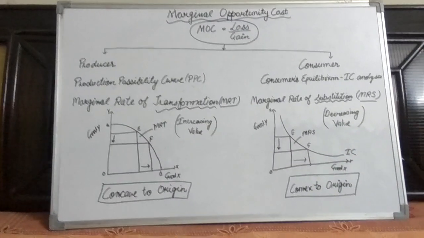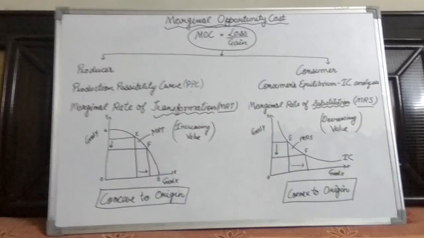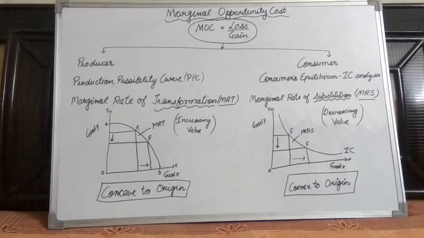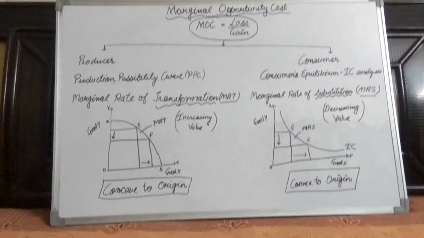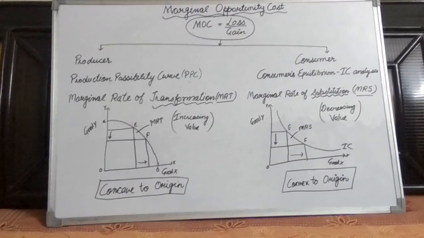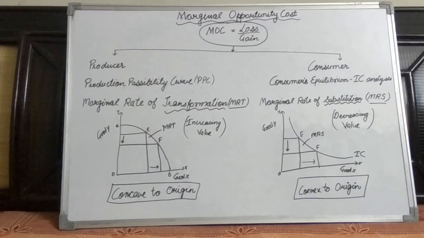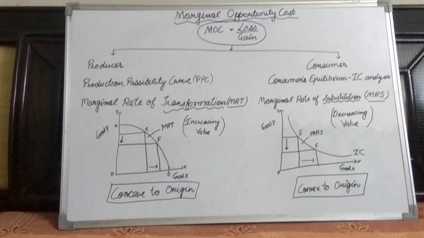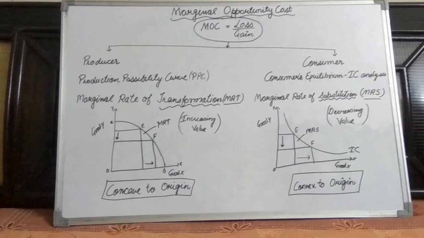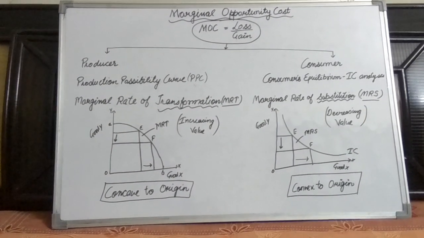So we discussed in detail that IC is convex to the origin due to the decreasing value of MRS. And in case of production possibility curve, the slope of PPC is concave to the origin due to the increasing value of MRT.